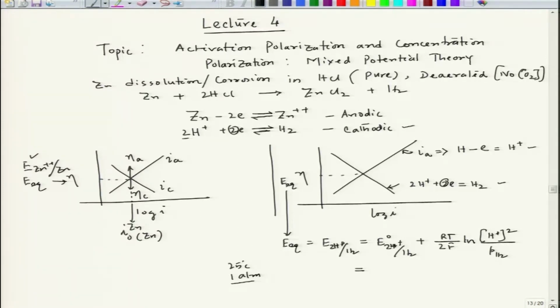Then this value is 0 and this becomes 59 by 2 into 2 log H plus, because this is 1 atmosphere.